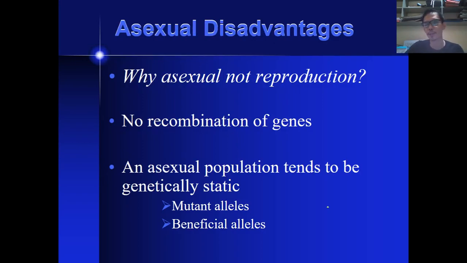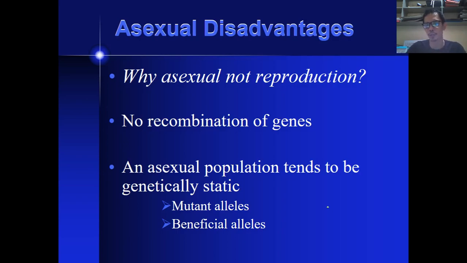The disadvantage of asexual reproduction is no recombination of genes. Although the genes are passed to the offspring, in this type of reproduction the disadvantage is no recombination of genes.